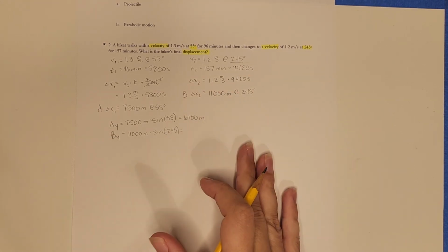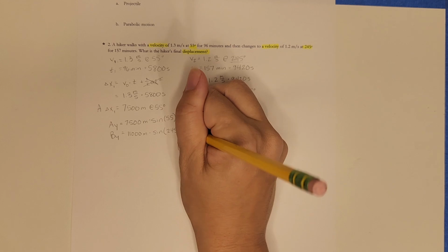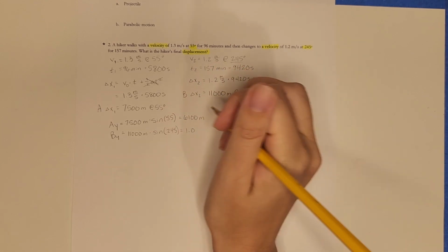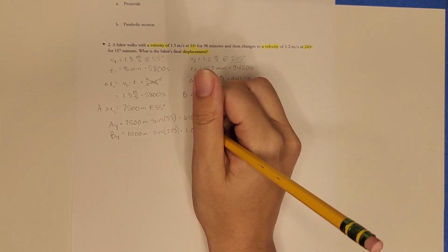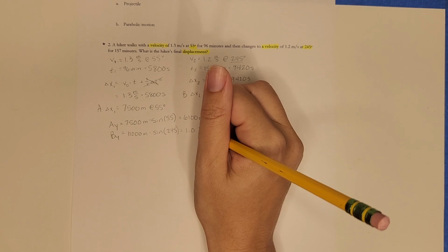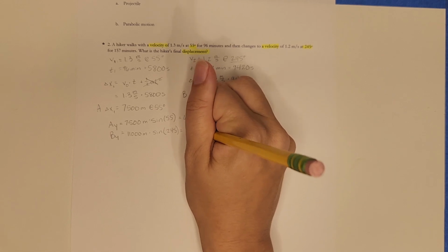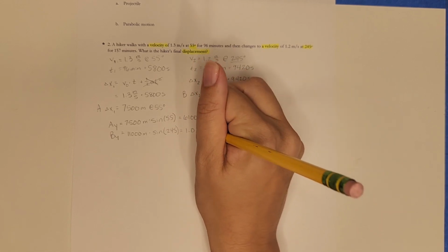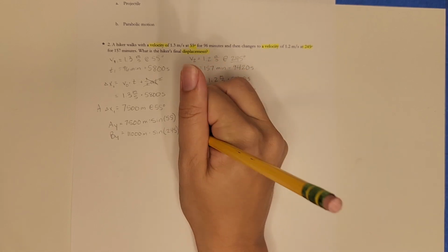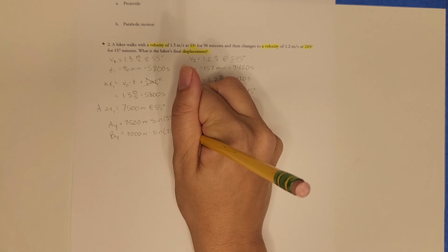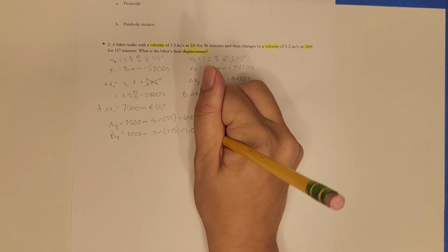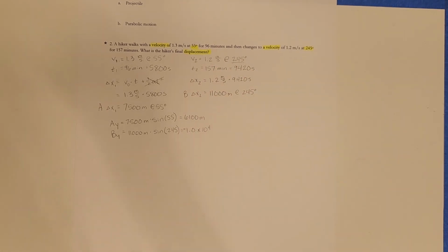If I write that out, that is only one significant figure, so I'm going to write it as 1.0 times 10 to the fourth to show that it's still two significant figures. And it's actually negative, so negative 1.0 times 10 to the fourth.